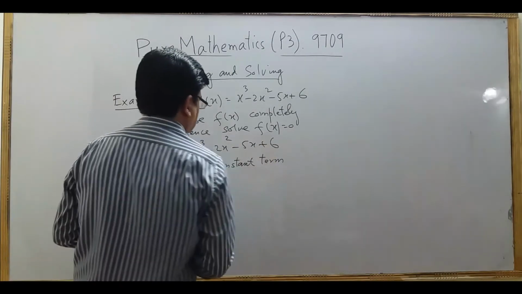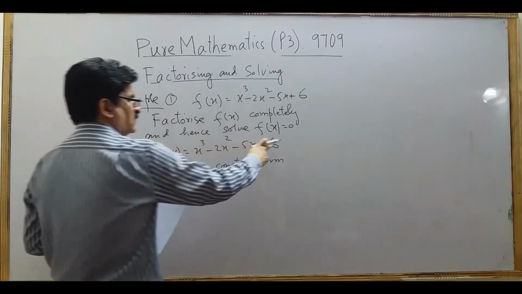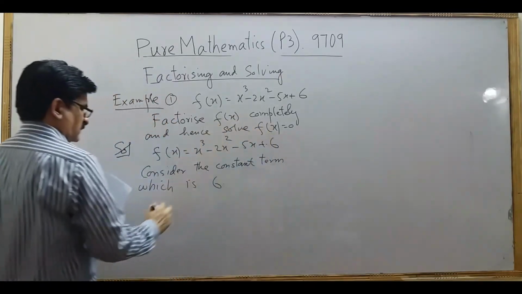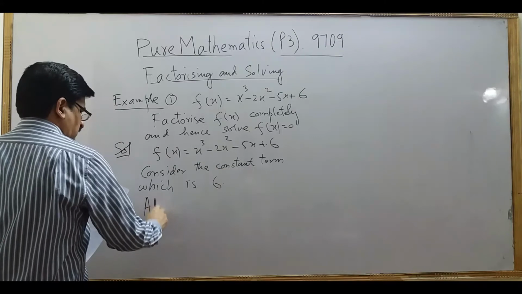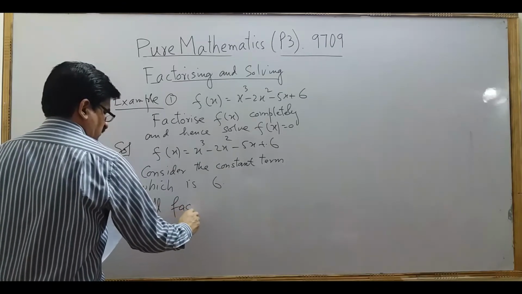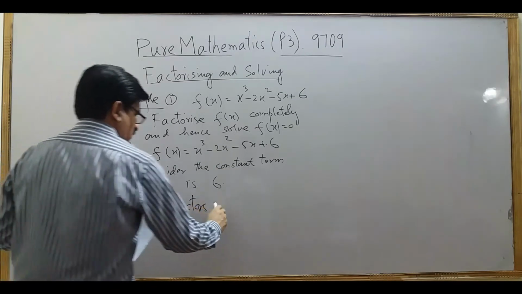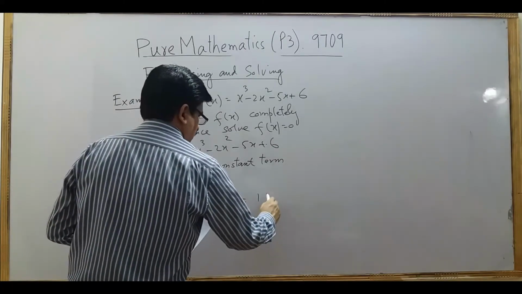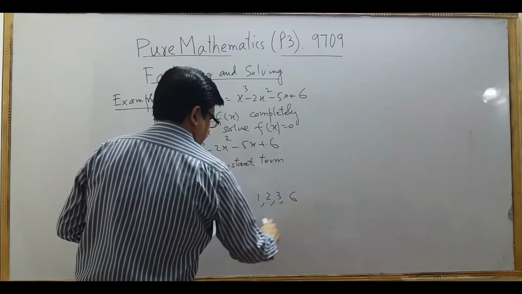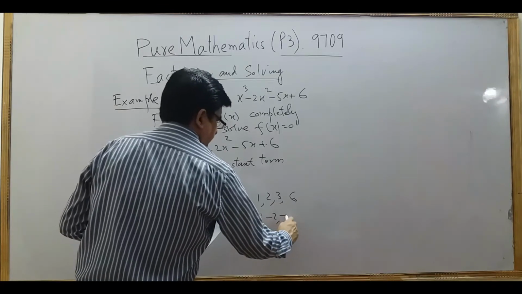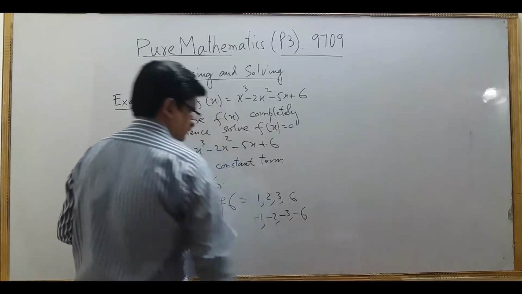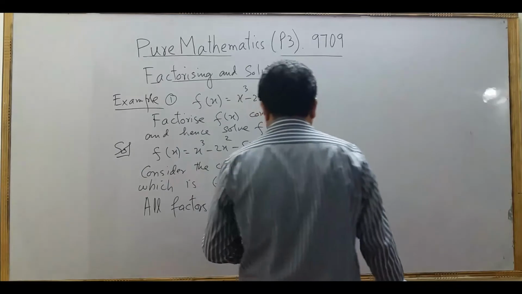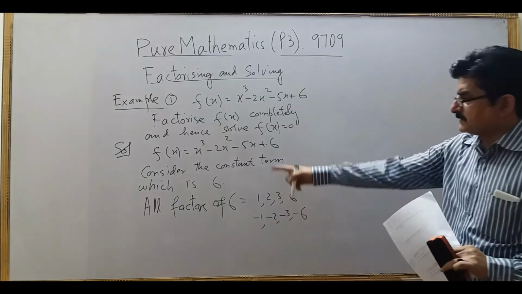Constant term, no other term. Only consider this constant term. Write all factors of 6. It's 1, 2, 3, 6, including negative factors. I have written all factors of 6.